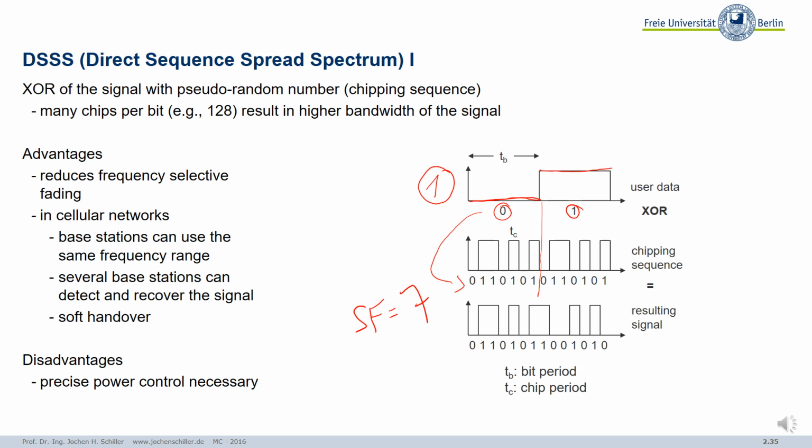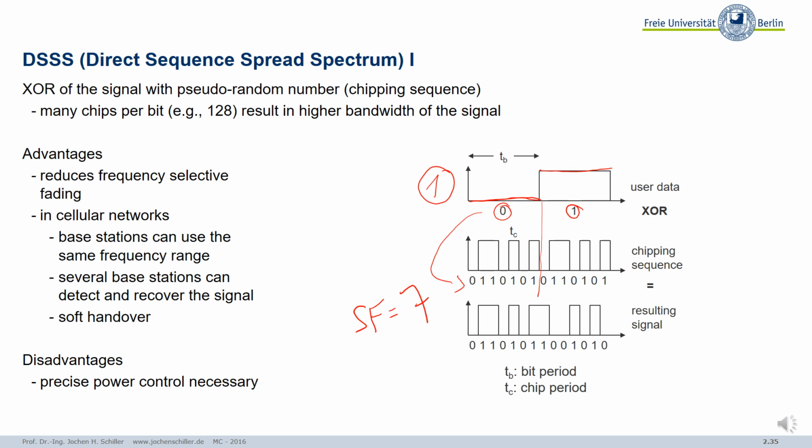So we spread our signal. As you see, we need here more of these symbols to transmit the resulting signal. So it automatically spreads it out, which is a disadvantage because we need more bandwidth. But we saw the advantage. We are not that vulnerable to frequency selective fading. So, that's the idea and the big advantages.